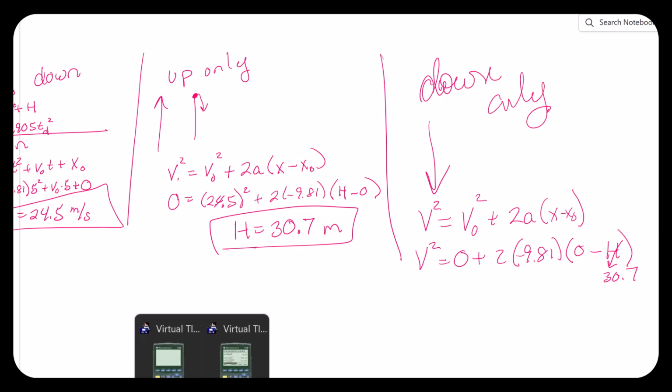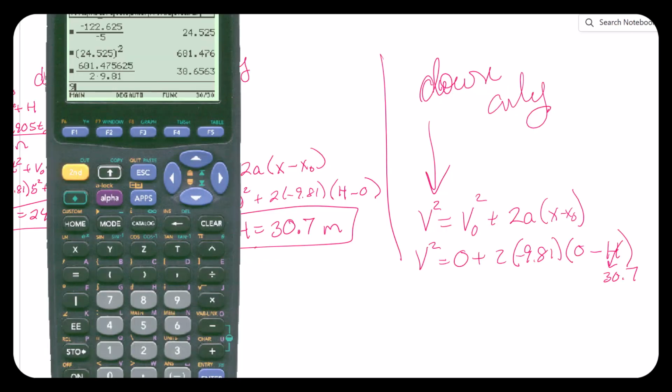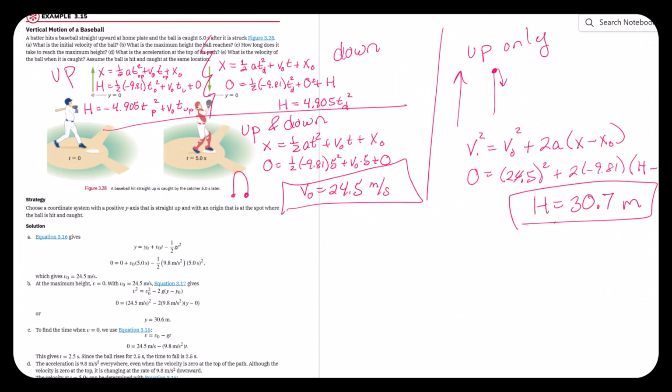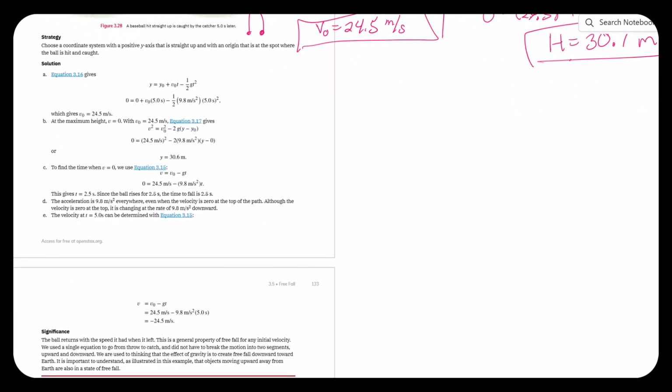So I've got 9.81 times 2 times 30.7, and then the square root of that. And so I've got 24.5. So v is going 24.5 meters per second on the way back down, which seems a little too perfect, but that is apparently right.